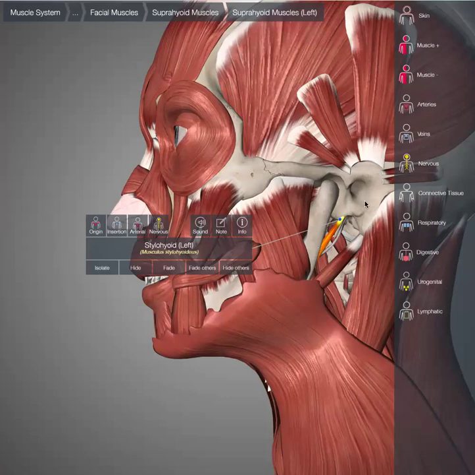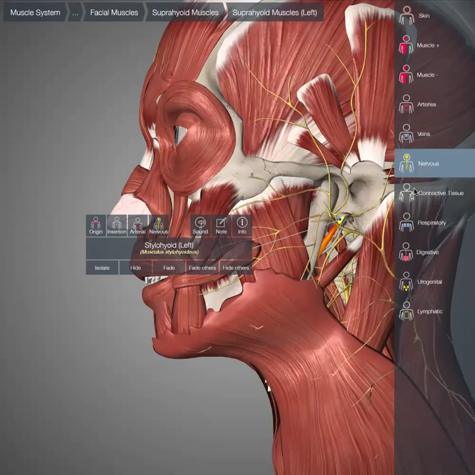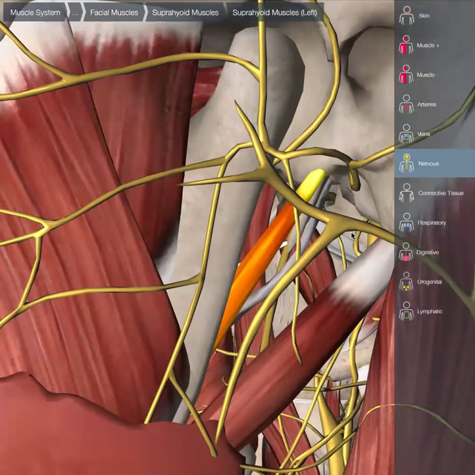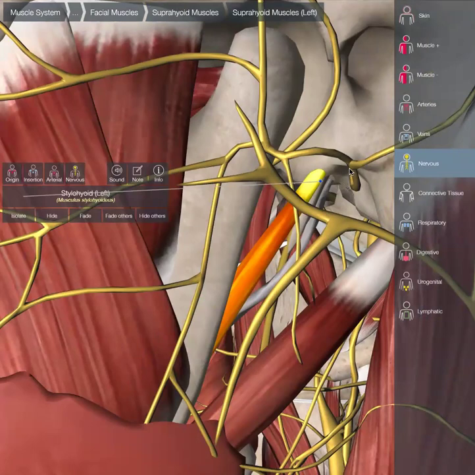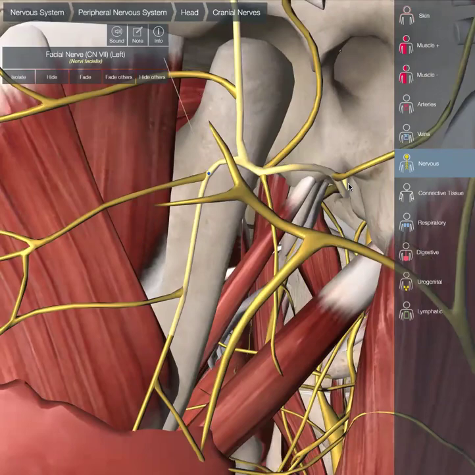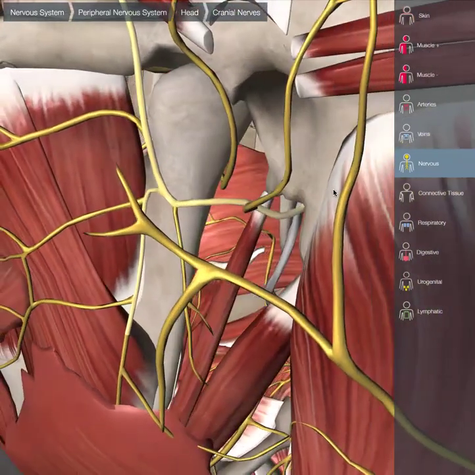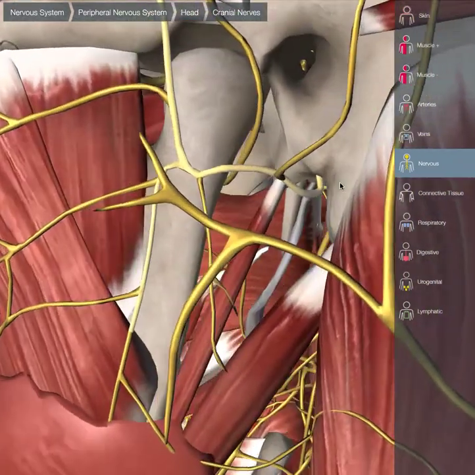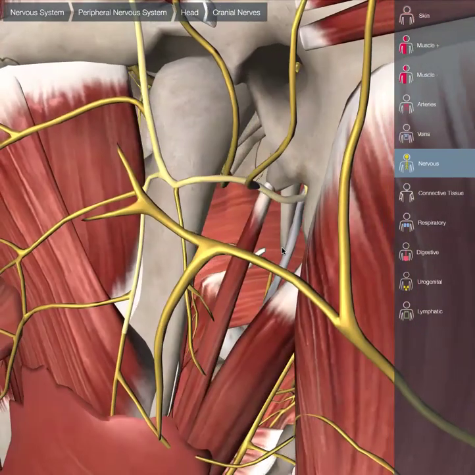By the way, when the facial nerve comes out, there is a nerve called the stylohyoid nerve, and then the rest split into all the cutaneous branches to innervate the superficial things. So that's the facial nerve. I'm not sure if we can find it here, but let's try.